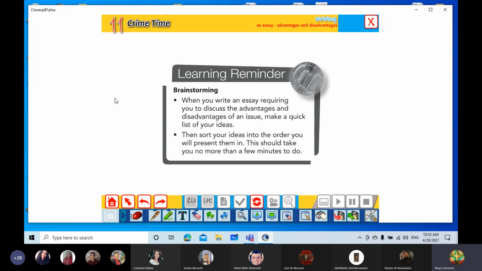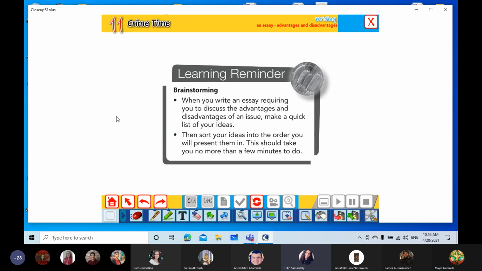Tulin, read. Yes, teacher. Read the writing below and then write yes or no next to the statement. Learning reminder. Brainstorming.